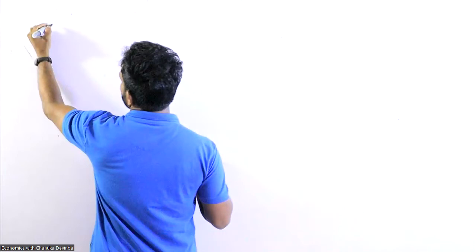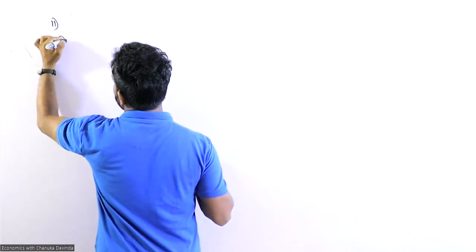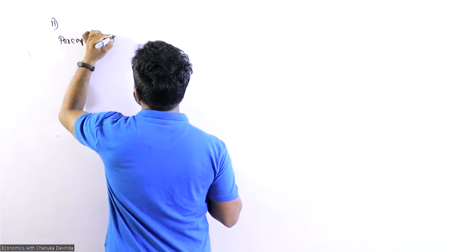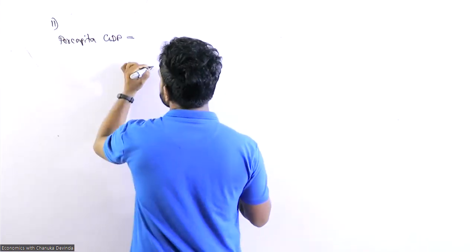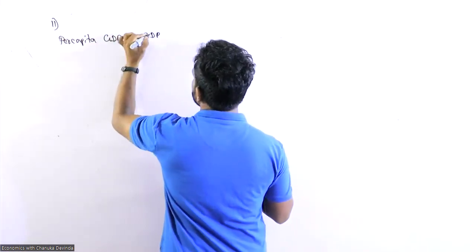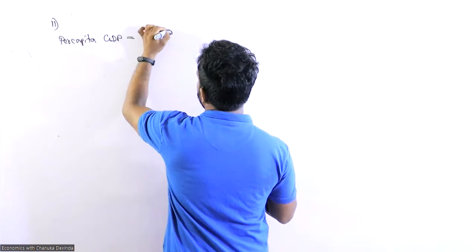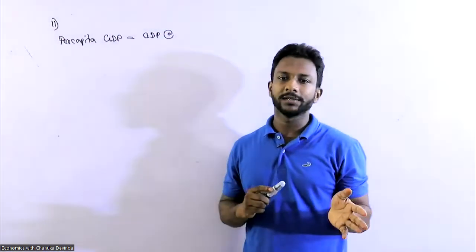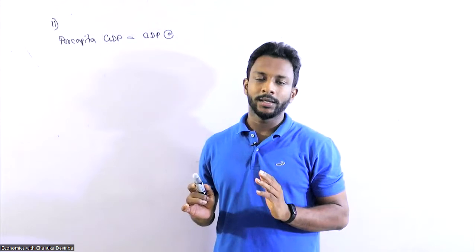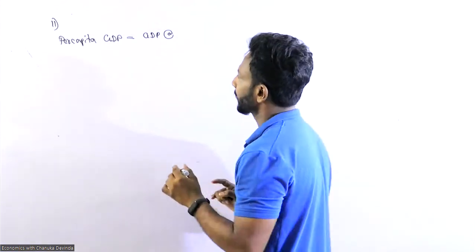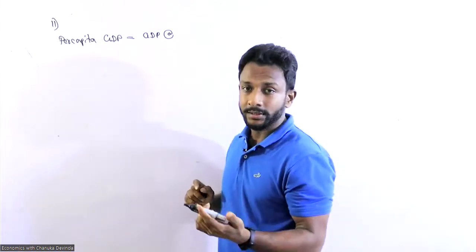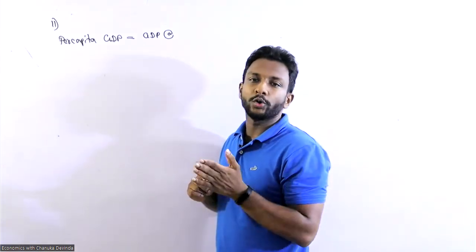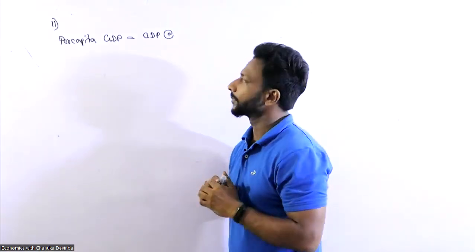Right? 11. Per capita GDP is equal to GDP at, you can take it market price or constant price. It depends on the question, right? If they haven't mentioned whether it is real output or nominal output, you can take whichever.